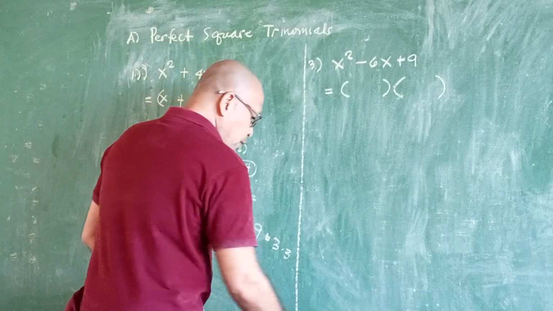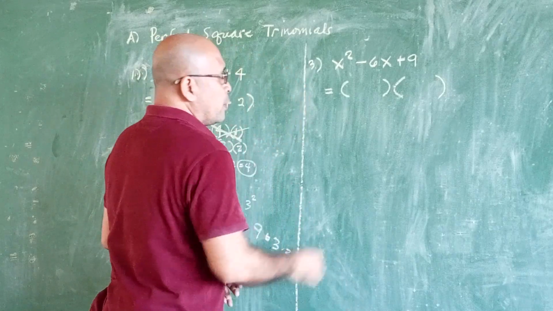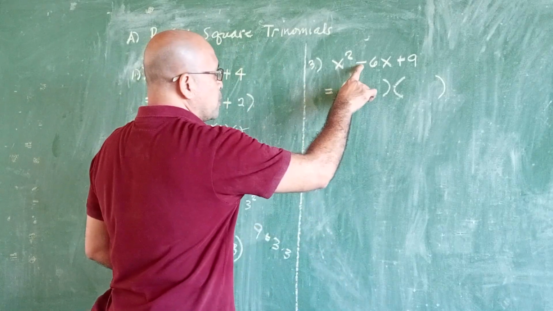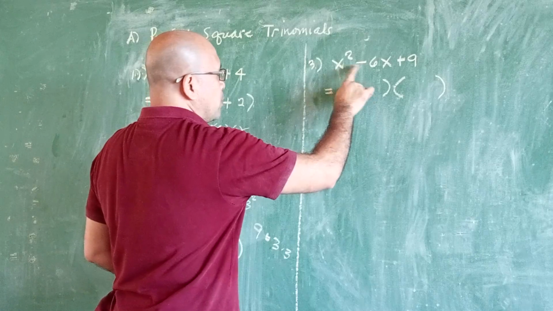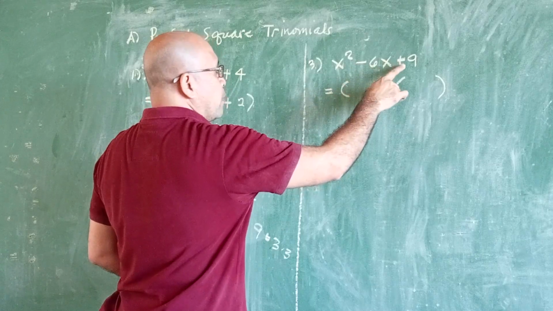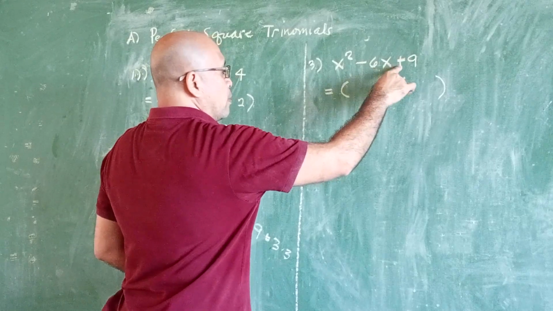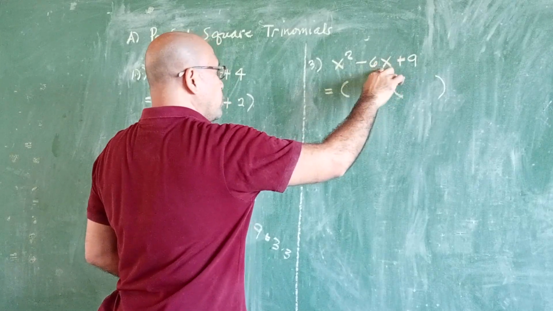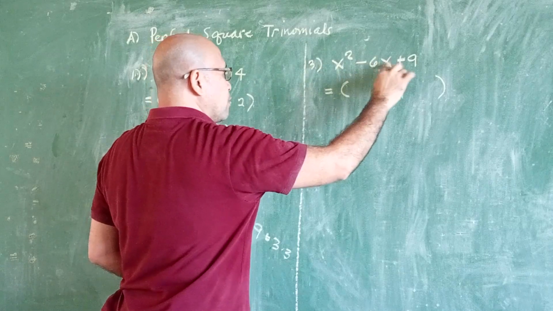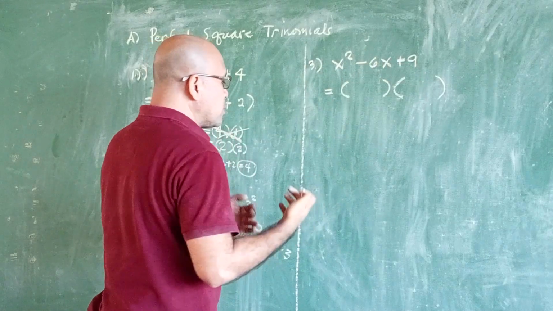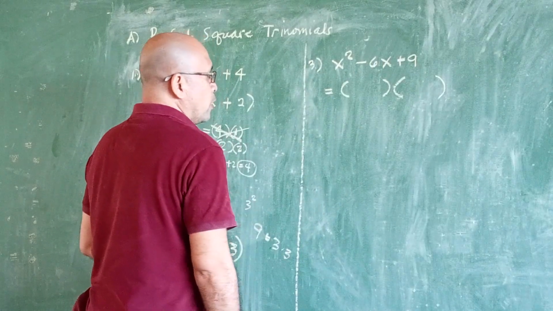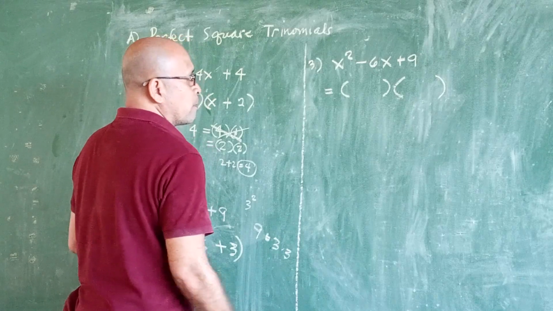And since the operation here is minus between the first term and the second term, and plus between 6x, or between the second term and the third term, this is what you should remember as part of the technique.